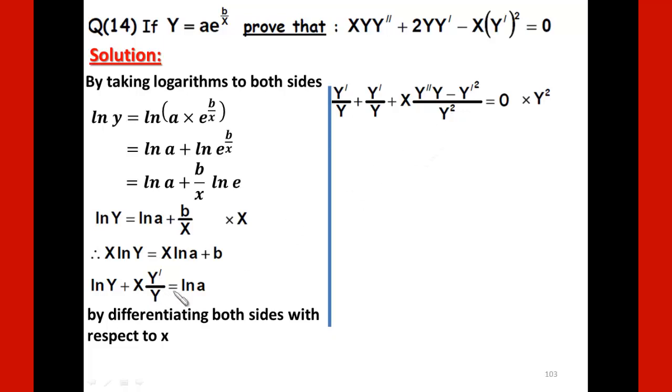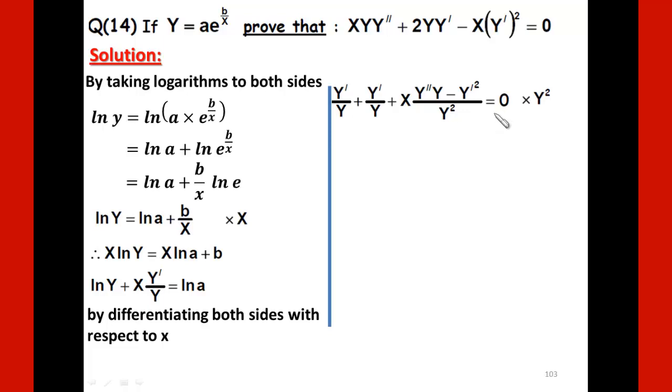And in the numerator, we have the denominator multiply the derivative of the numerator, so y double dash multiply y, minus the numerator multiply the derivative of the denominator, so y dash multiply y dash, to be y dash all square over y square. What is the derivative of ln a? The derivative of ln a equals 0.